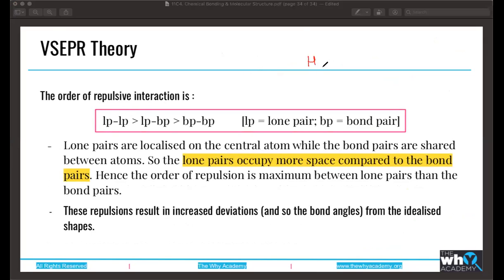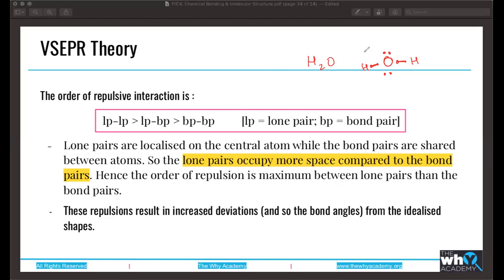For example, if you take water, H2O, what will the structure be? O has 6 valence electrons and it has a single bond with each hydrogen. So basically it has 2 bond pairs and 2 lone pairs of electrons.